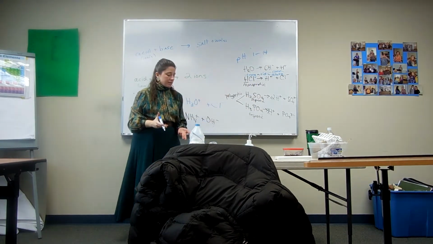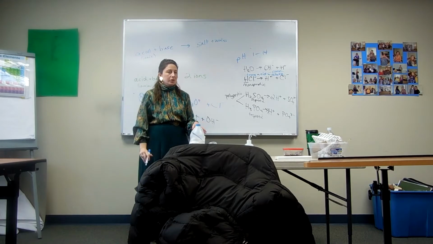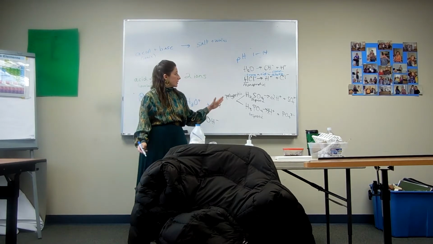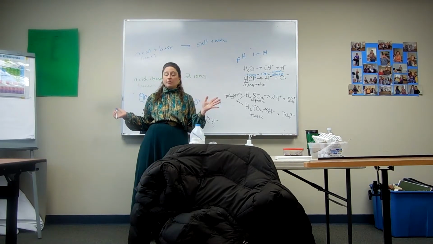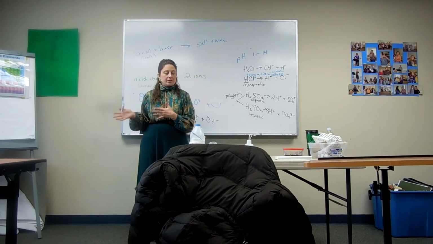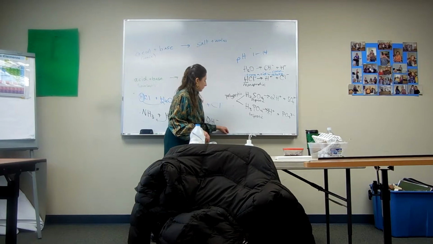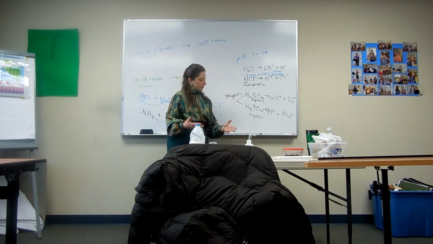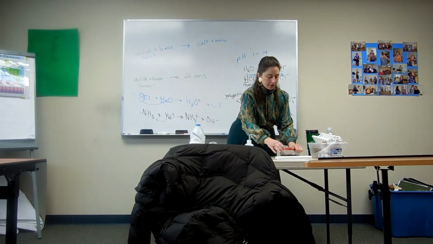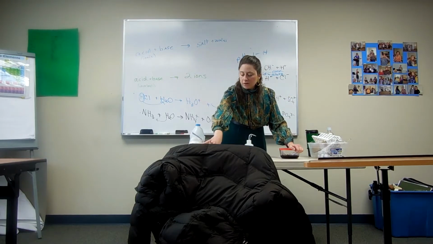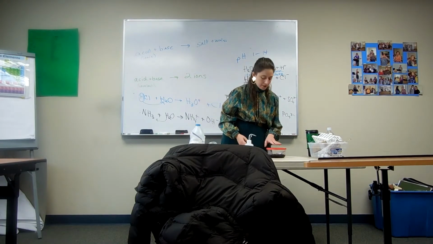So 7 is distilled water, perfectly neutral. Anything lower than a 7 is going to be acidic, and anything bigger than a 7 is going to be basic. And the pH scale tells us not just how strong the acid is, but also how concentrated, or the same for the base.